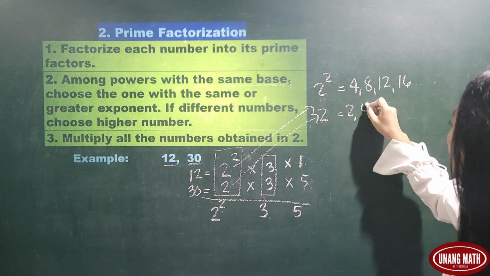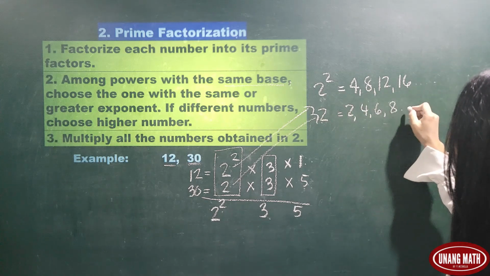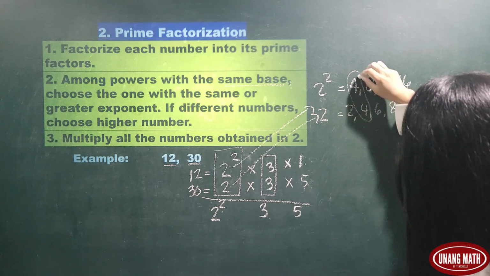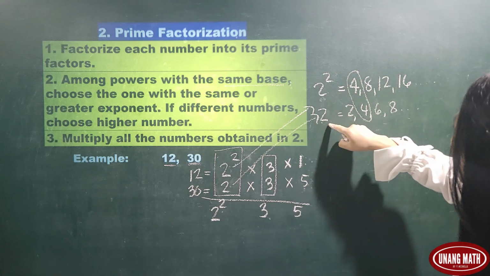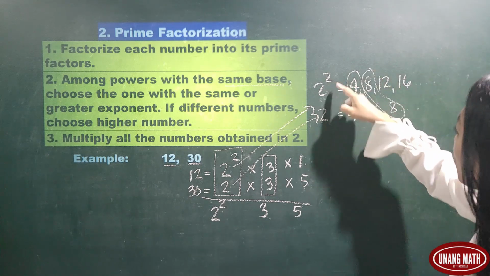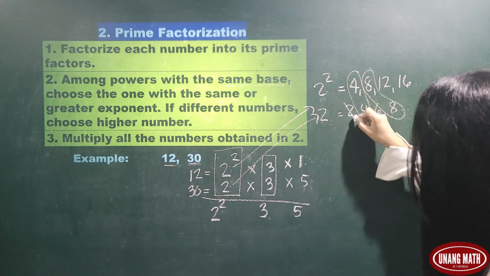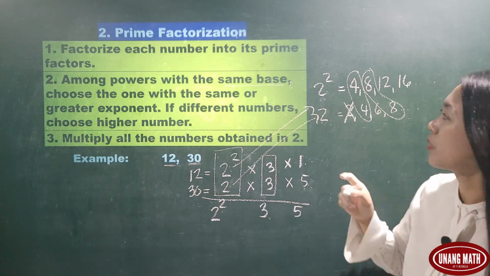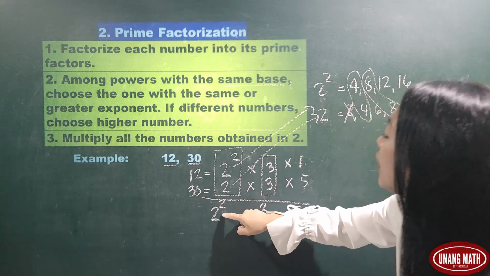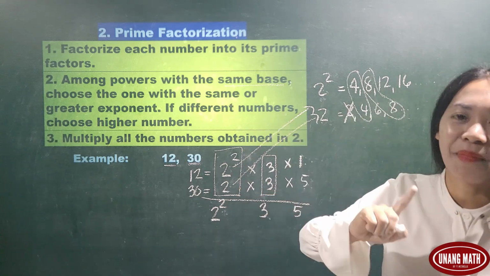We have 2, 4, 6, 8, and so on. 4 is a common multiple of 2 squared and 2. 8 is also a common multiple of 2 squared and 2. 2 is not a common multiple of 2 squared and 2. That's why we need to choose the higher number.